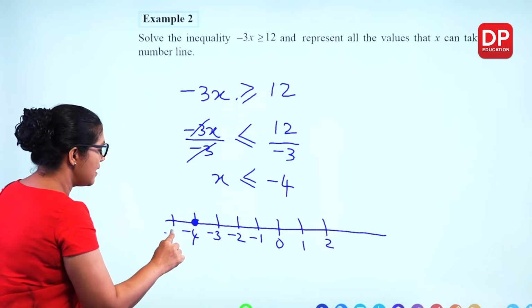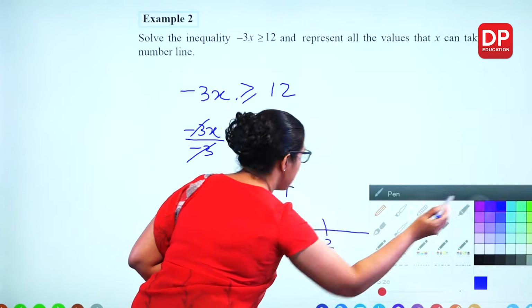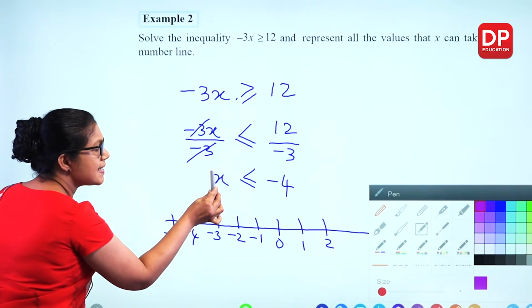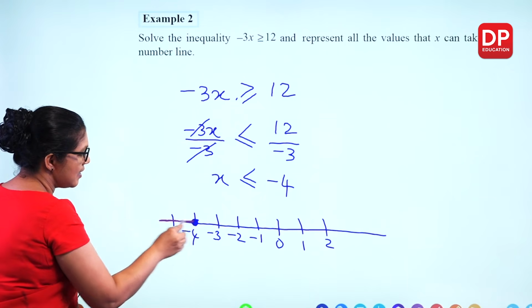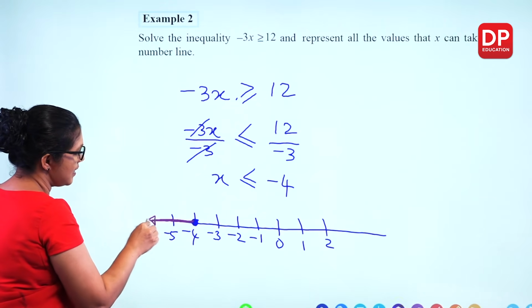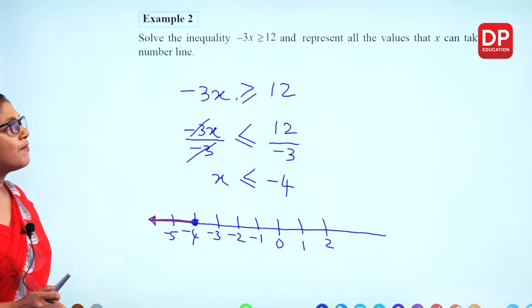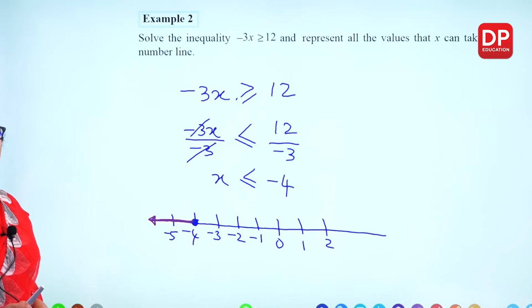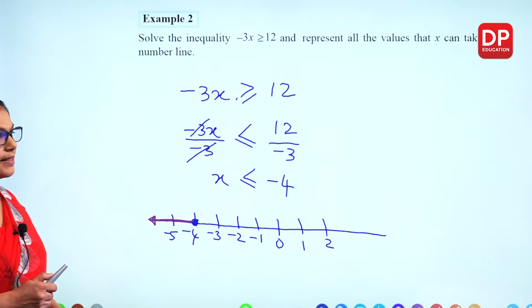And then you can draw the line towards which side? x is less than or equal. That means towards the left side. So here not only integral values, here all values that x can take, using the line.